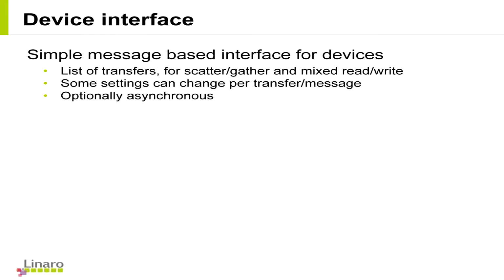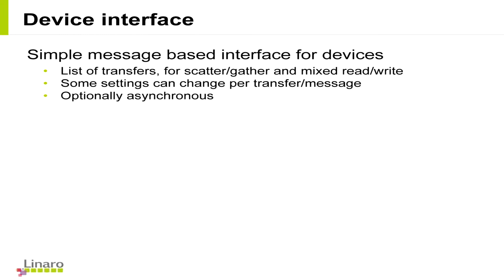Interactions with the device are modeled as a thing called a message. Each message contains some parameters, and also contains a list of one or more transfers. These are actual interactions with the device. The message just models the assertion of chip select, and the transfers are the clocking of the data.